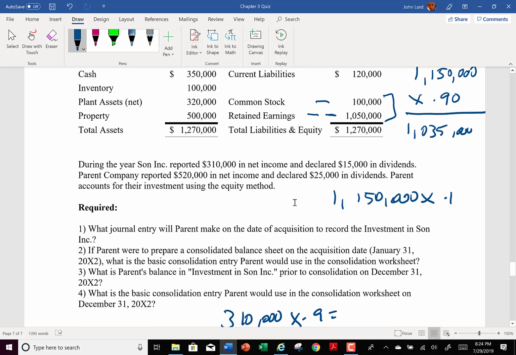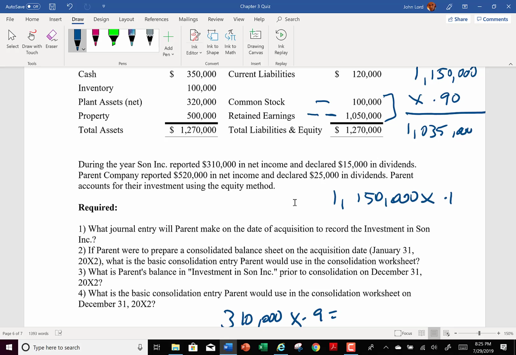Okay. Then I'm going to pick up the beginning retained earnings of son. It's right here. Beginning retained earnings was 1,050,000.